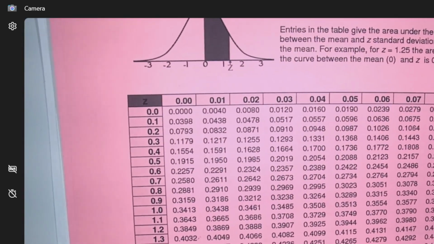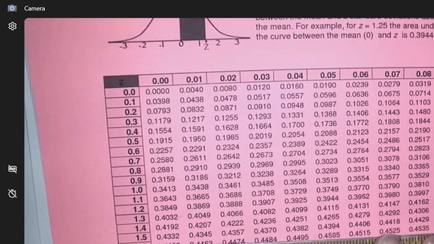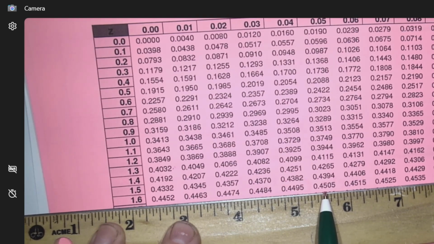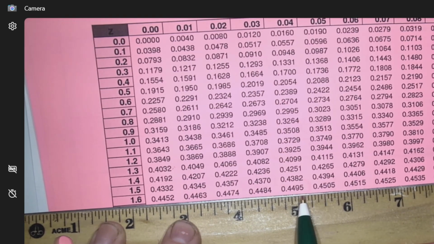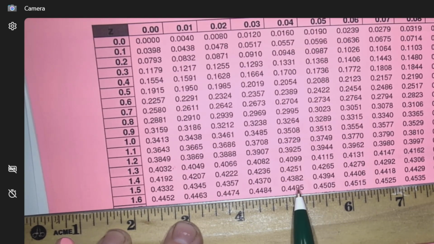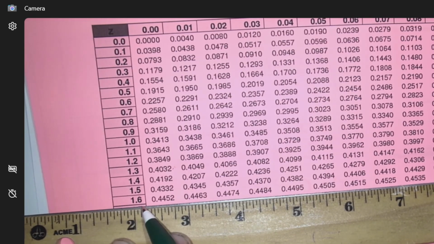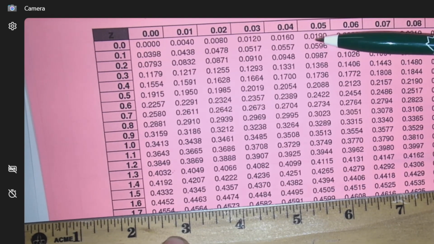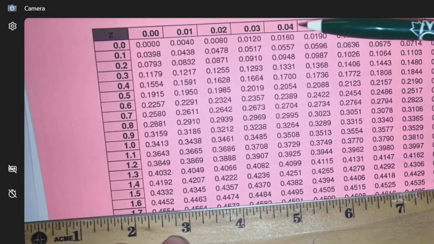Okay, so I'm having a little problem here. I can see this one and this one are both the closest. They're both the same closeness, right? I'm going to go right in the middle of them. So what z-score would I do? 1.6, and then I'm going to go 4.5, like I'm going to go to a third decimal place because I'm just going to cut that in the middle.